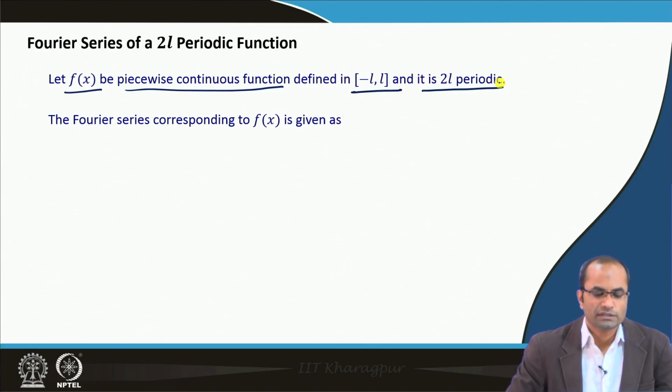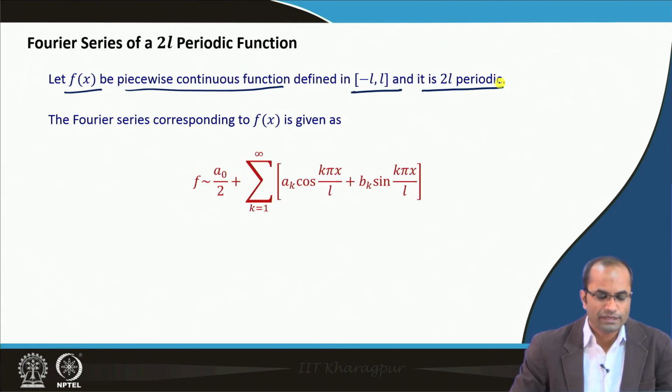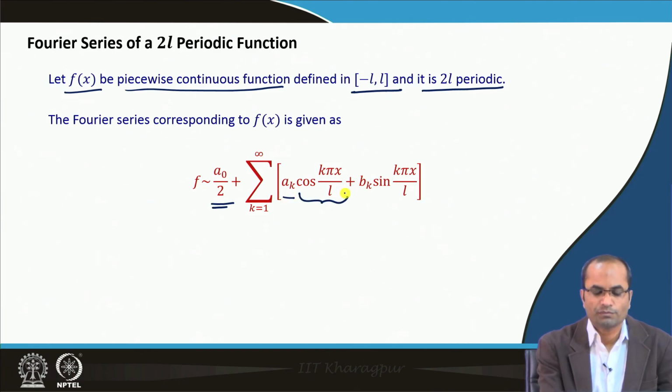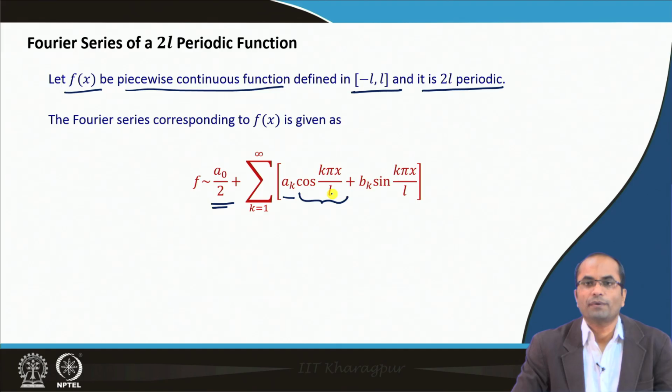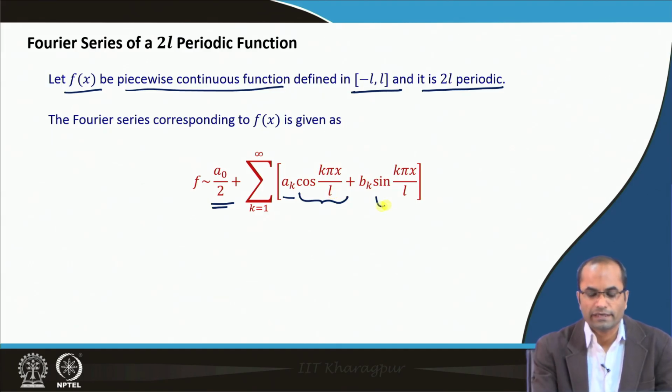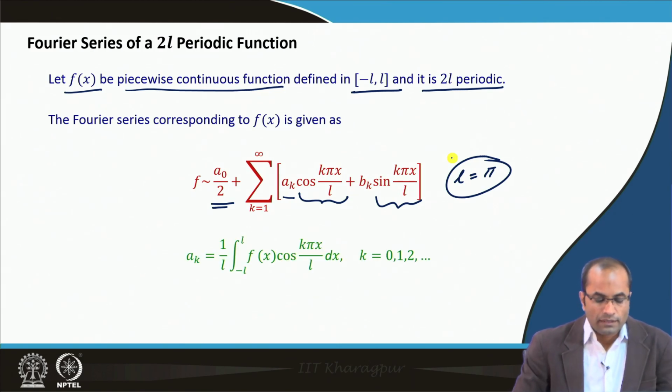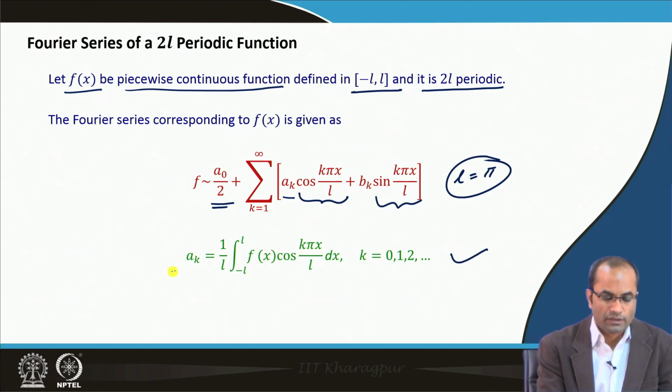Then its Fourier series will be given as a naught by 2, a constant term, and then we have this a k, and instead of cos k x, now we have cos k pi x over L, and here sin k pi x over L. So, for L equal to pi, this will reduce exactly to the 2 pi periodic function which we have already discussed, and the coefficients are also similar now.